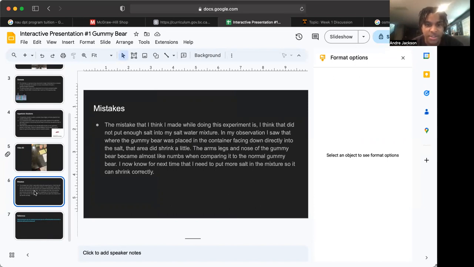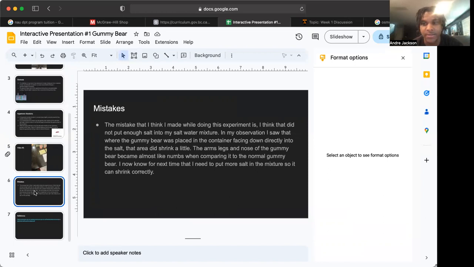In my observation, where the gummy bear was placed in the container facing down directly into the salt, that area did shrink a little bit. The arms, the nose, and the legs of the gummy bear became almost like nubs when compared to the normal gummy bear. I now know for next time that I need to put more salt in the mixture so it can shrink correctly.